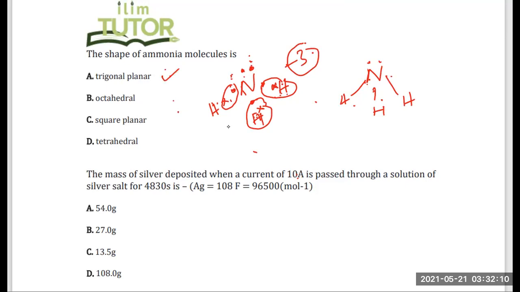If it is 2 bond pair, like in the case of carbon dioxide, we have 2 bond pair of electron, then that is going to be linear, and the bond angle will be 180 degrees. Okay, so basically the number of pairs of electrons can determine what we have. So if I have 3 bond pair, then definitely I have a trigonal planar.